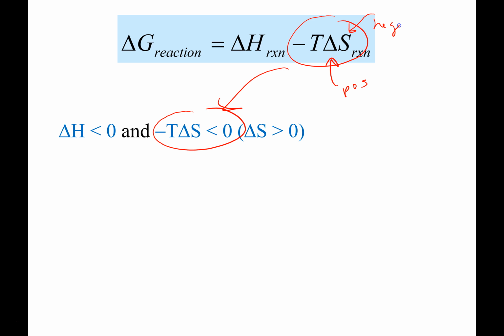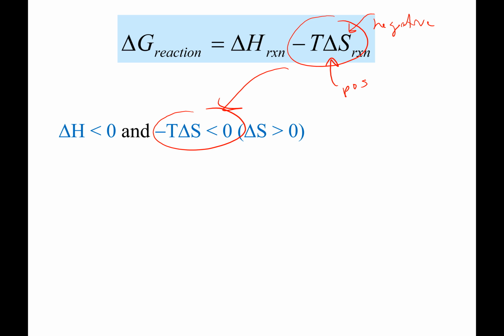I hope that makes sense. Because in that equation up there, it's the quantity of the change in enthalpy minus the absolute temperature times the change in entropy. So actually, this is what we're describing here, aren't we?